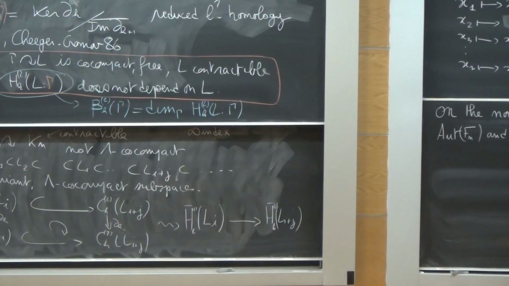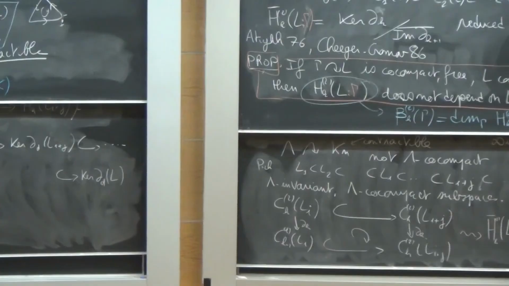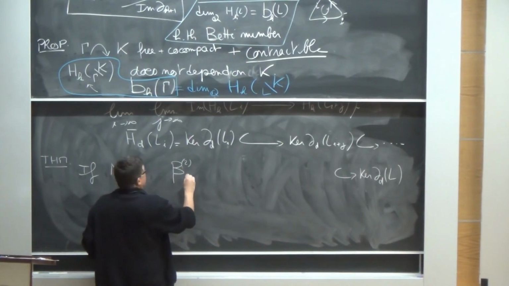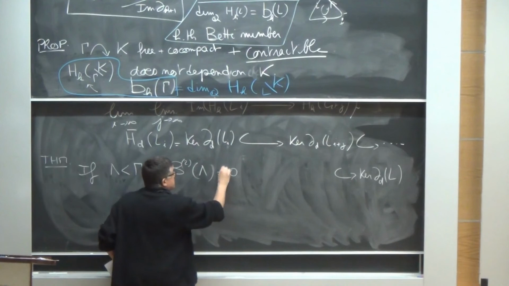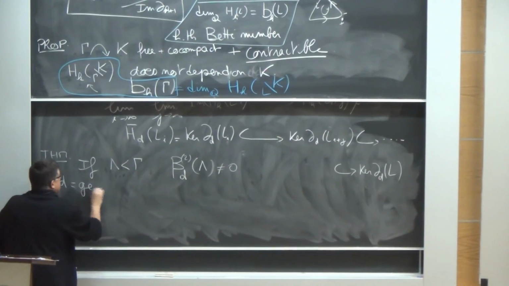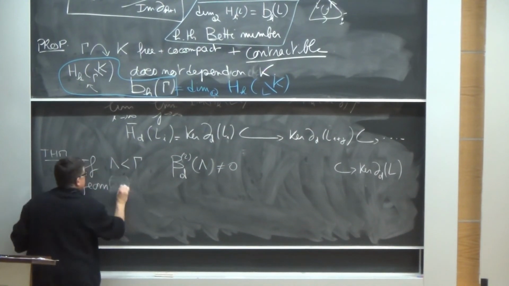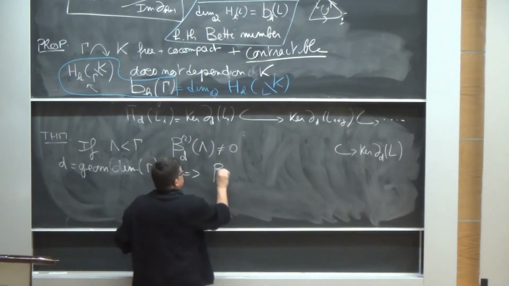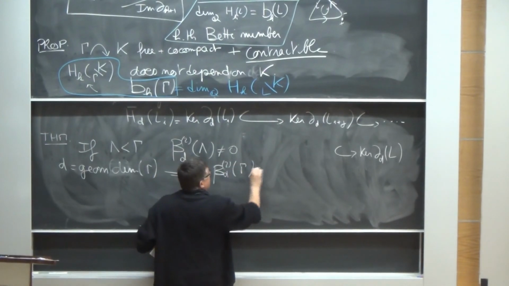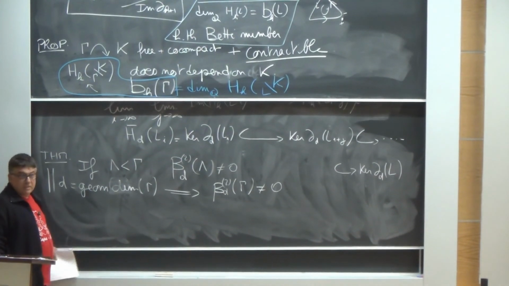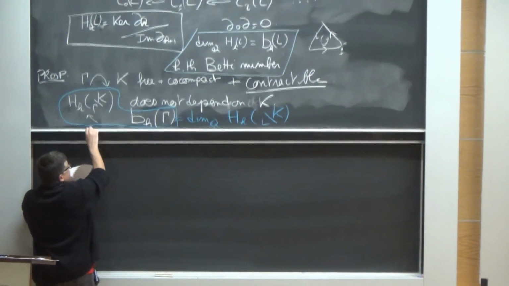We proved the theorem. If we have lambda in gamma such that the homology of lambda is non-zero for d, and d equals the geometric dimension of gamma, then the same holds for gamma, that the L2 Betti numbers are non-zero for the ambient group. Okay?